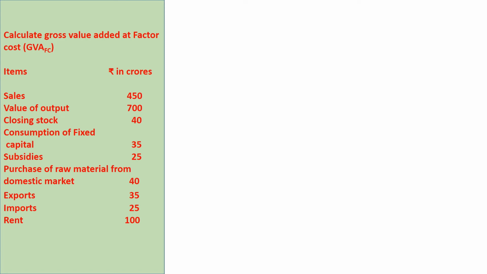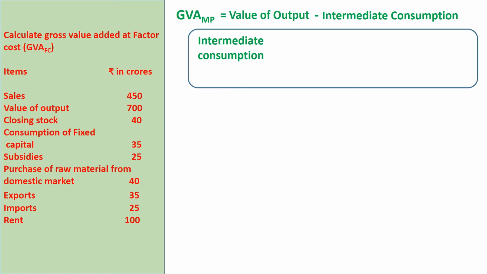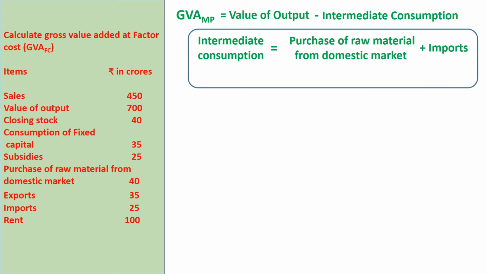First, we will calculate GVA at market price, then convert it into factor cost. GVA at market price is equal to value of output minus intermediate consumption. Here direct intermediate consumption is not given. So first we will calculate intermediate consumption. Intermediate consumption is equal to purchase of raw material from domestic market plus imports.